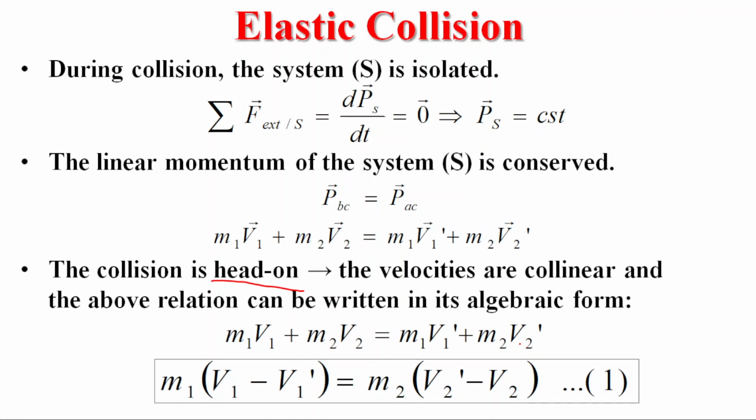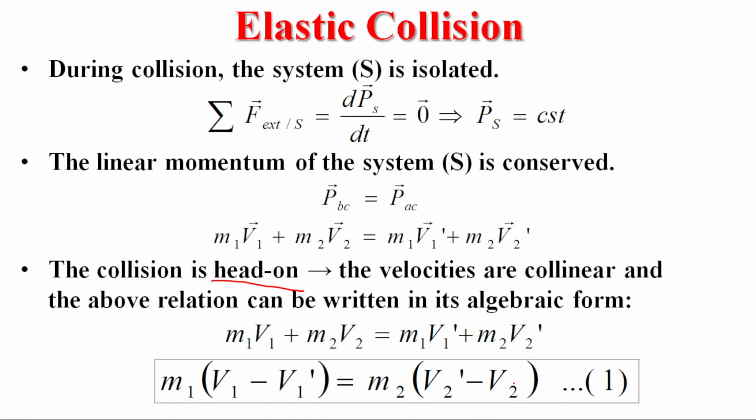The first equation comes directly from conservation of linear momentum. What did we do here? The terms with m1 we put on one side: m1 v1 minus m1 v1 prime equals m2 v2 prime minus m2 v2, and we take m1 as a common factor. I get m1 times v1 minus v1 prime equals m2 times v2 prime minus v2. This is equation 1.